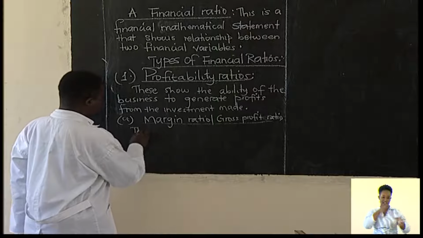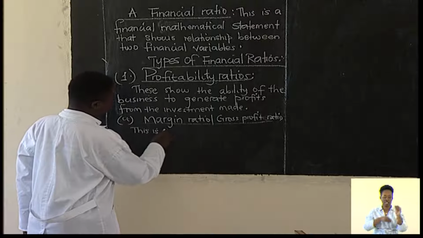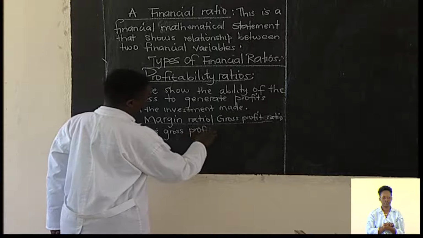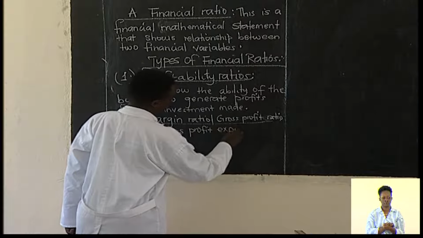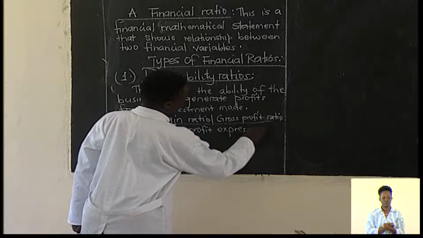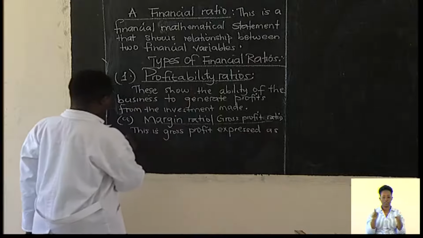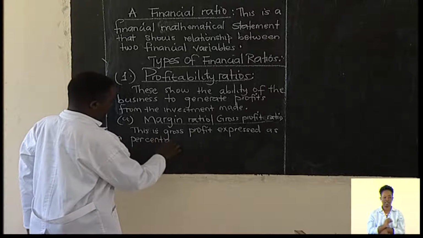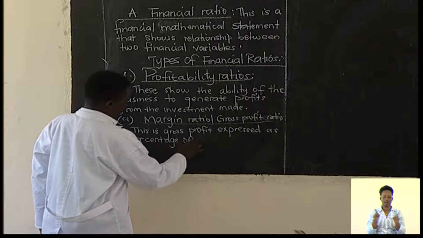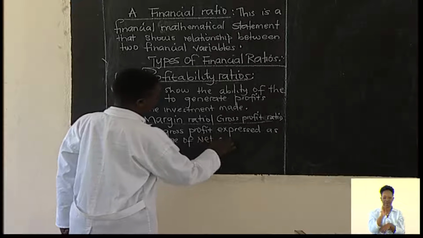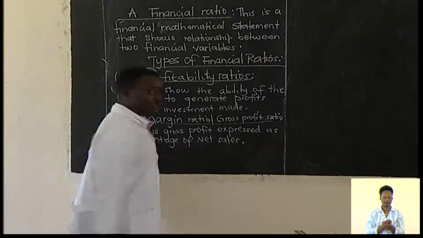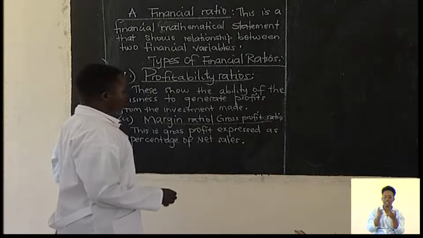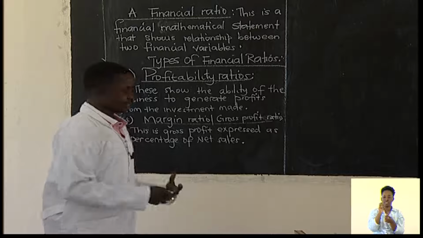So this is gross profit expressed as a percentage of net sales. Therefore, from this, who can tell me how we can calculate the margin ratio or gross profit ratio, gross profit percentage?